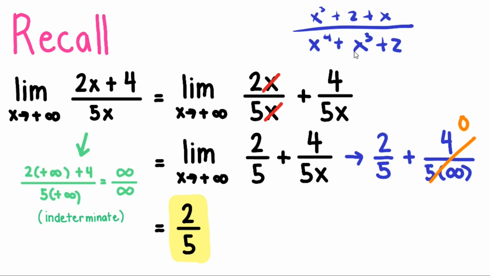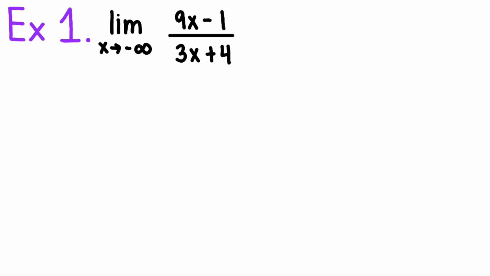We can't really just divide this easily like in here. So what do we do? Well, let's use this example to show the trick that we can use when dealing with infinity over infinity limits.